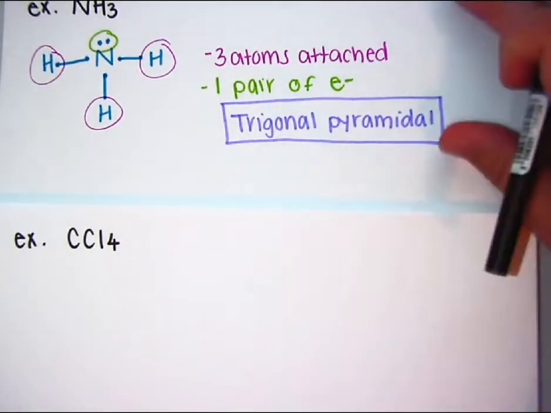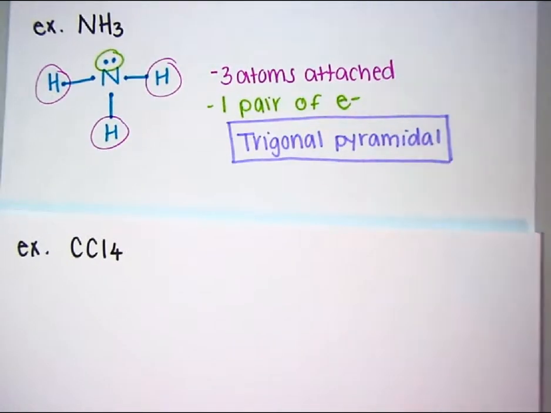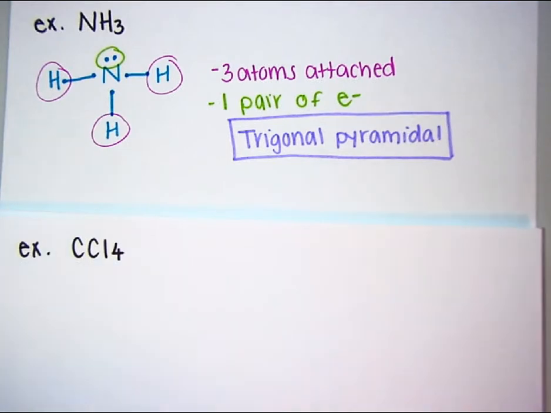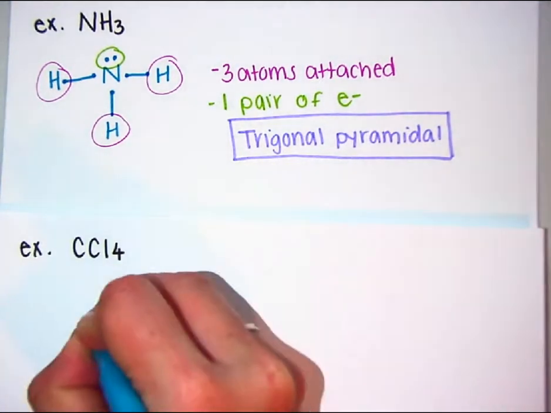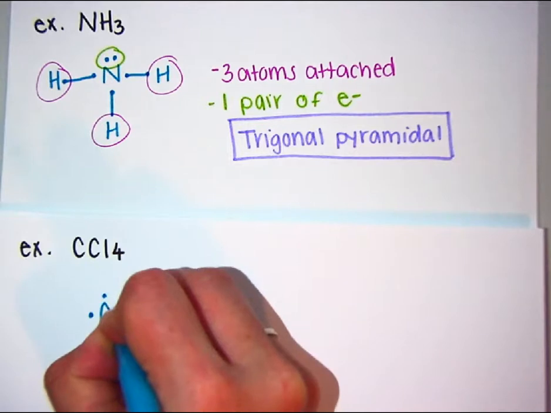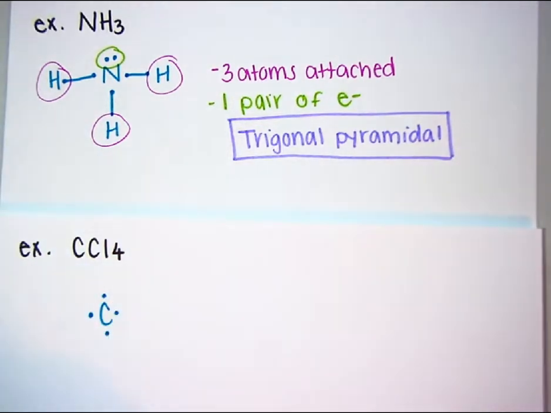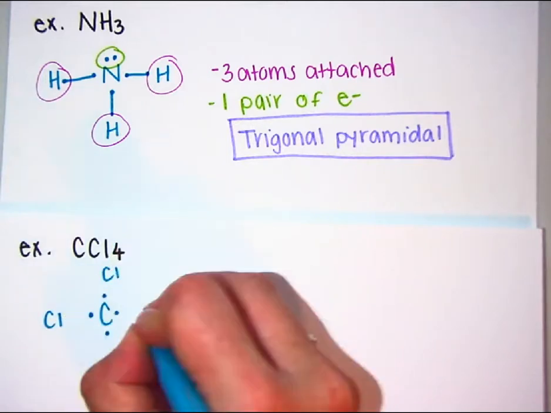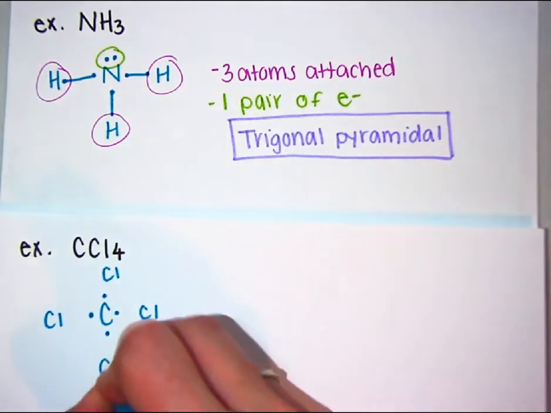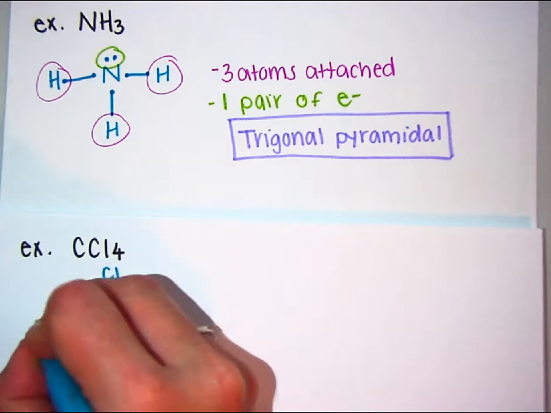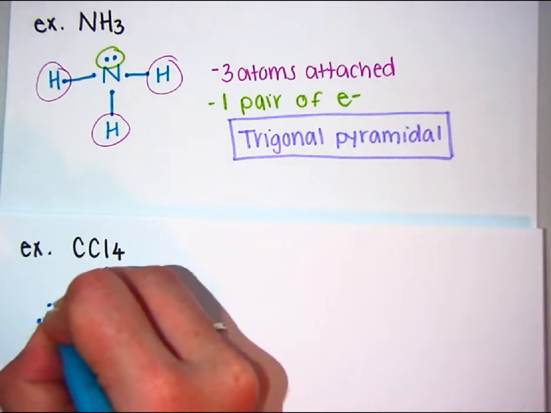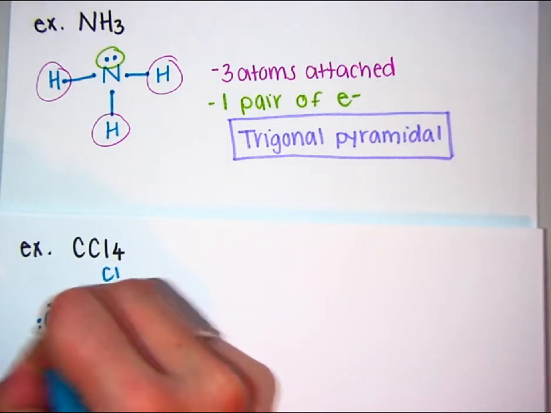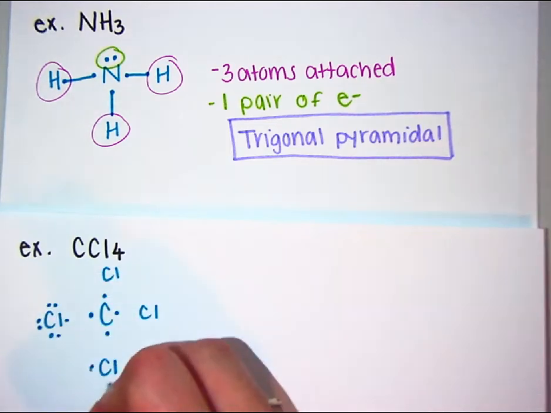So step 1 is we need to draw the Lewis structure. Carbon goes in the middle. Carbon is in group 4, so carbon has 4 valence electrons. I have 4 chlorines to place around carbon. Chlorine is in group 7. So each chlorine has 7 valence electrons.